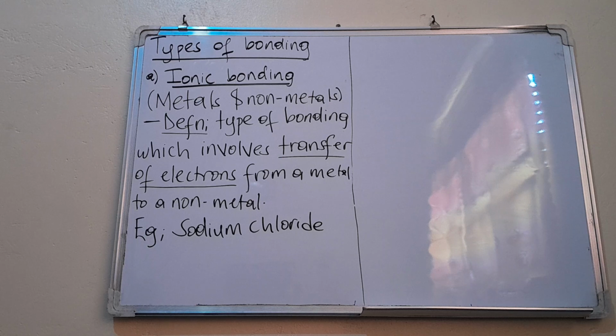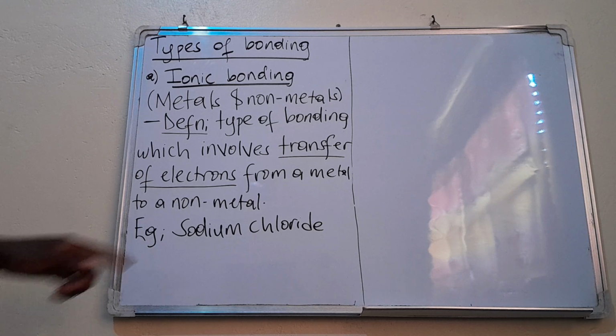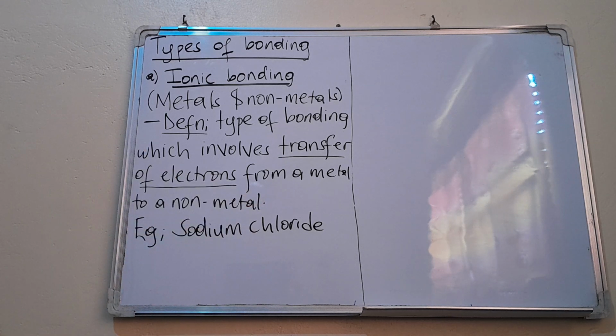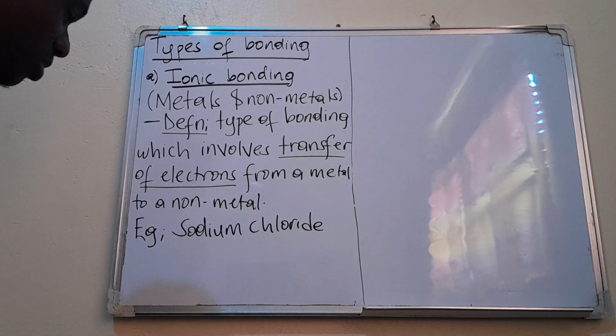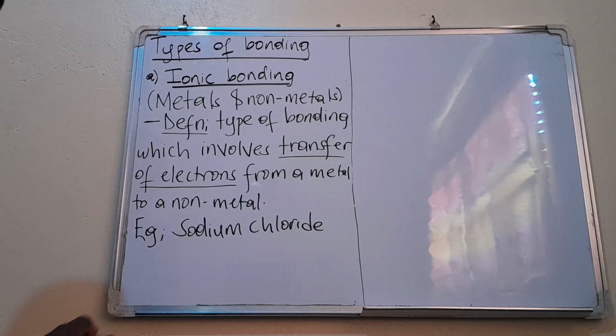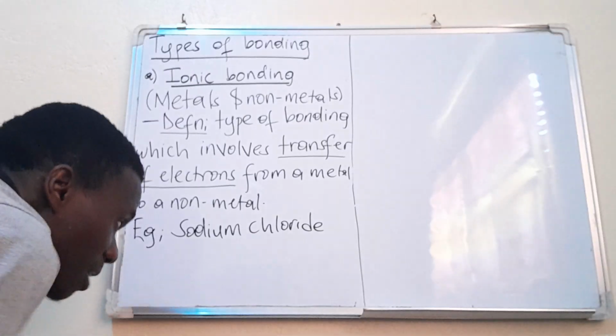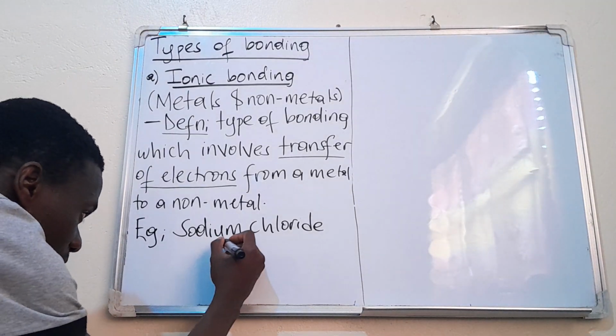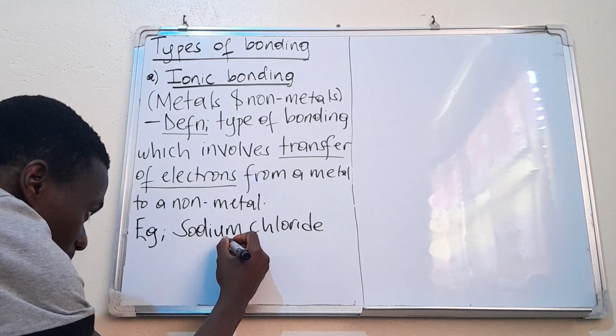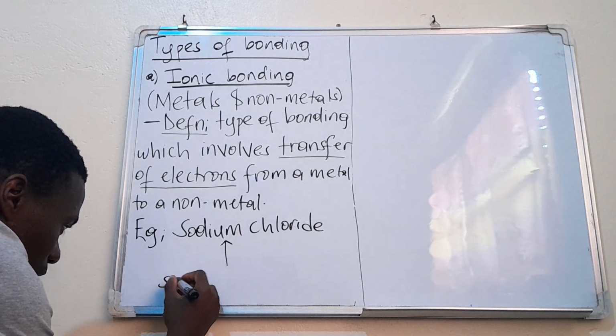Sodium chloride is an ionic compound because within the compound the atoms exhibit ionic bonding. So this involves transfer of electrons from a metal to a non-metal. Within sodium chloride, we have our metal, which is sodium.